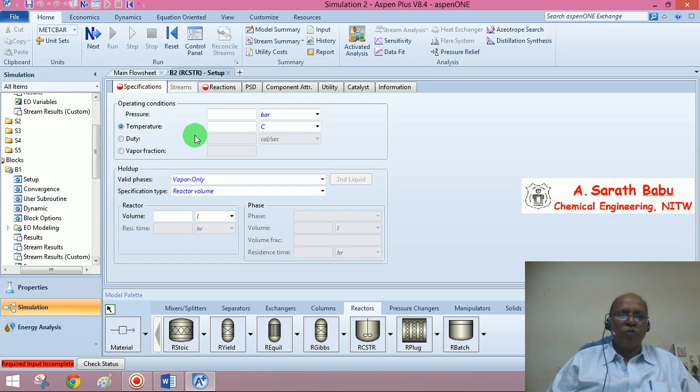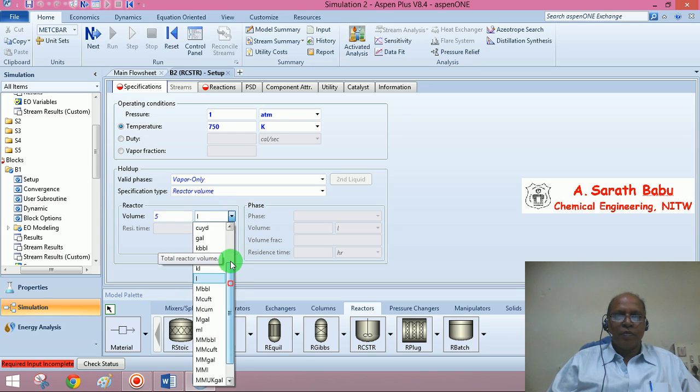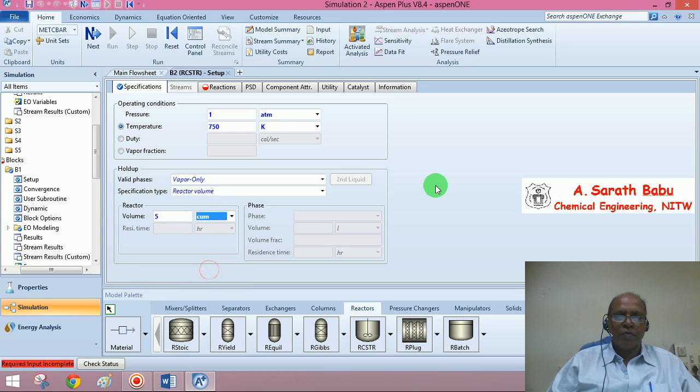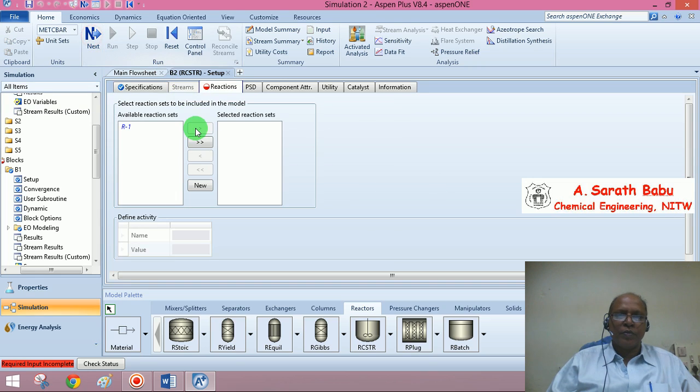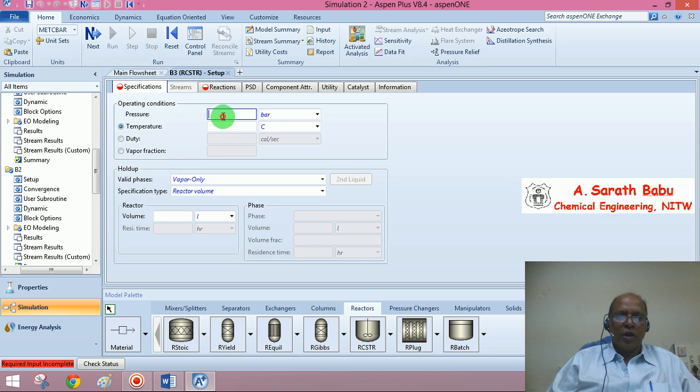Now similarly, you need to specify all the other blocks, all the other 3 reactors. 1 atmosphere, 750 Kelvin, let us say 5 cubic meters. Say next. So same reaction is being handled. So B2 is specified. Similarly, B3, 1 atmosphere, 750 Kelvin, 5 cubic meters.